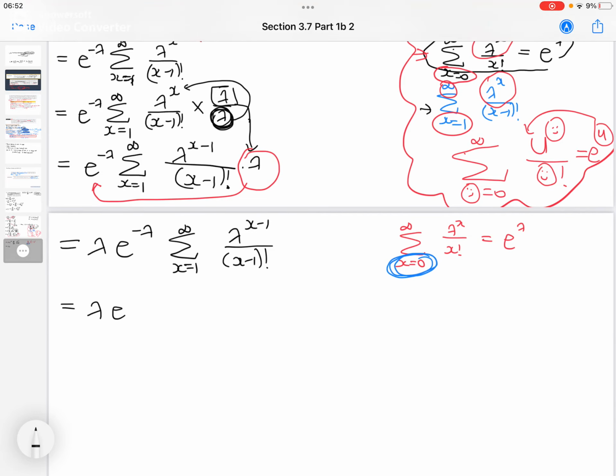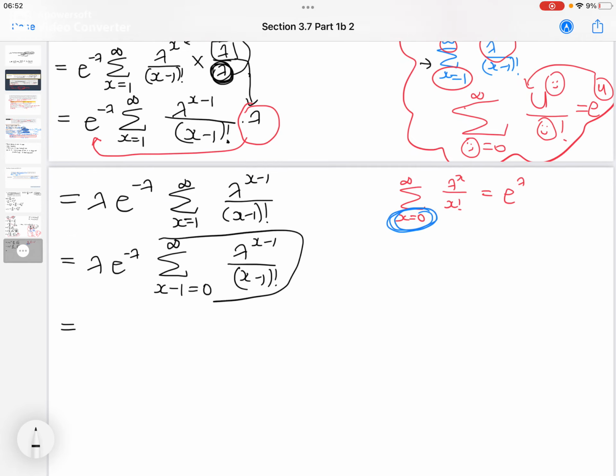We can say we have the lambda times e to the power minus lambda. Then we have the sum. x equal to 1 means that x minus 1 is equal to 0. Okay, so up to infinity. Then you have lambda to the power x minus 1 divided by (x minus 1) factorial.